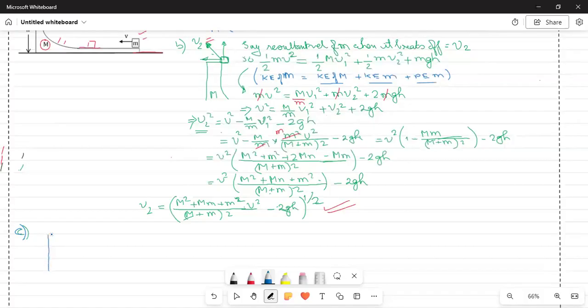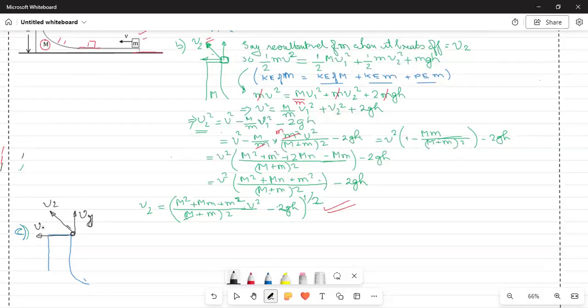This is the bigger block, and the body has detached from here with a velocity v2. Now, this will have a vertical component which we call Vy, and this will have a horizontal component.